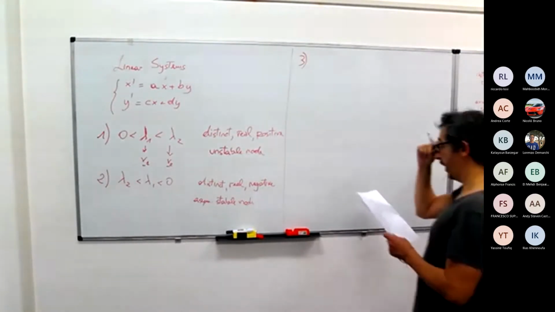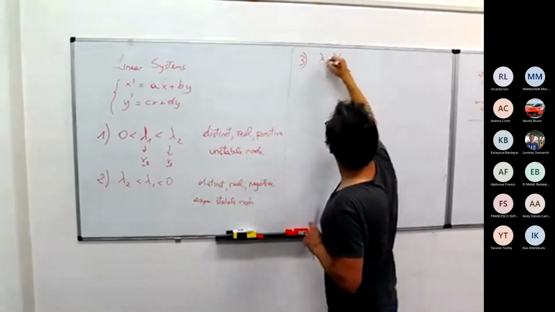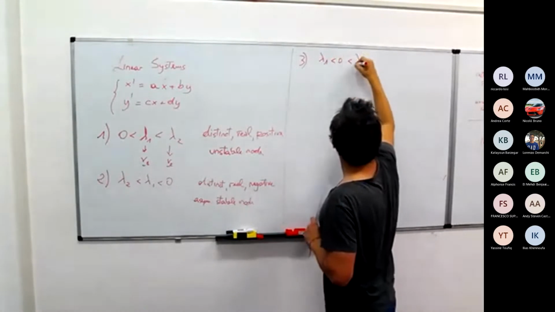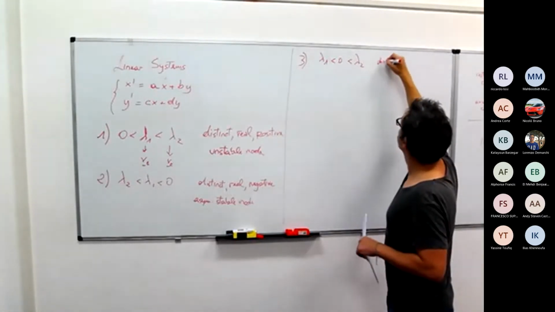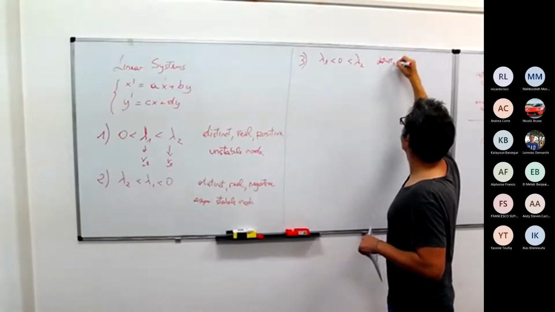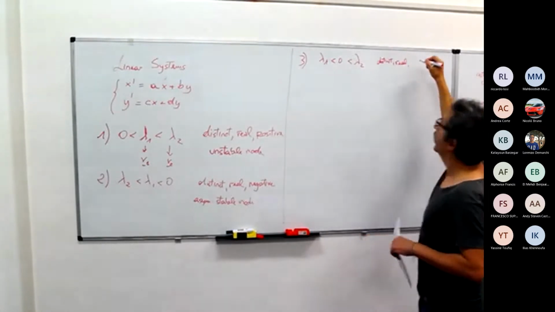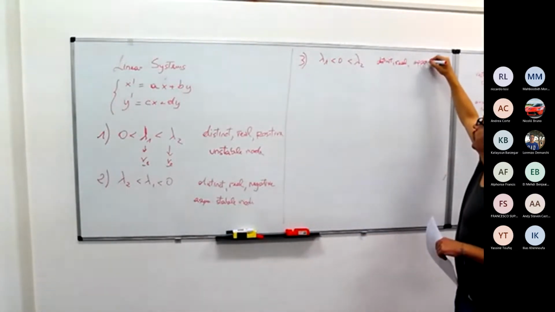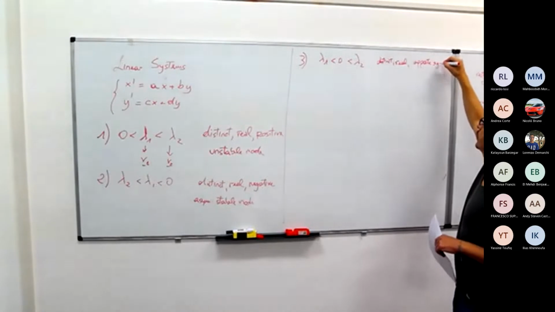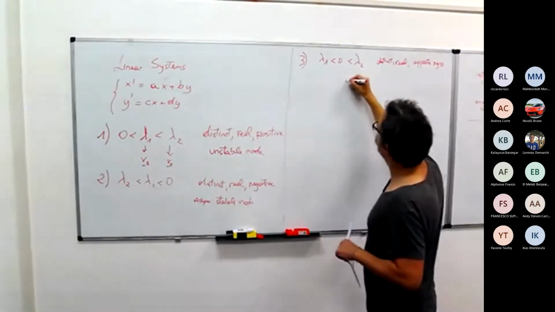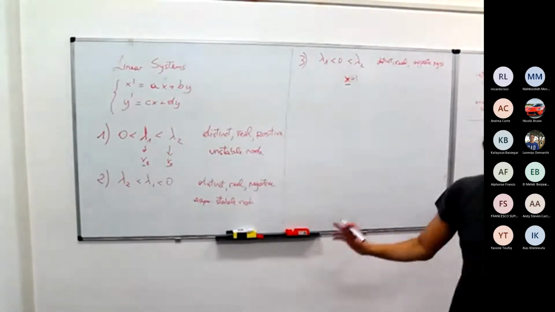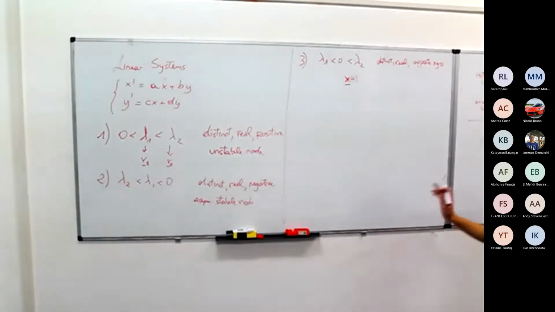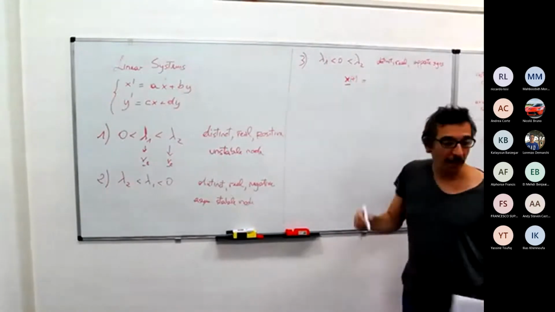Now let's consider the case in which I have lambda 1 < 0 < lambda 2. So I have two distinct real eigenvalues with opposite signs. So the general solution, remember, x(t), if you have two distinct eigenvalues, the general solution is always of the same form.